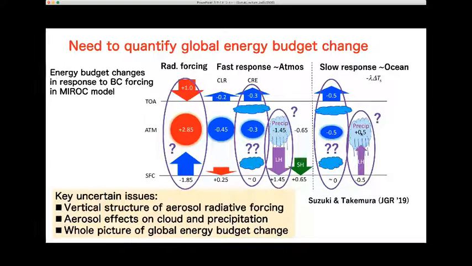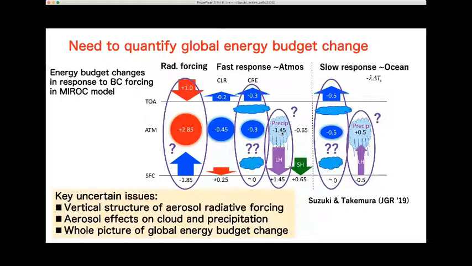Among others, there are some key uncertain issues in this picture of global energy balance. One is how aerosols, for example black carbon, can heat the atmosphere. Another is how the cloud and the precipitation can respond to such aerosol forcing or heating in the case of black carbon.